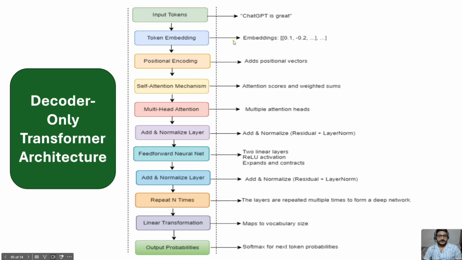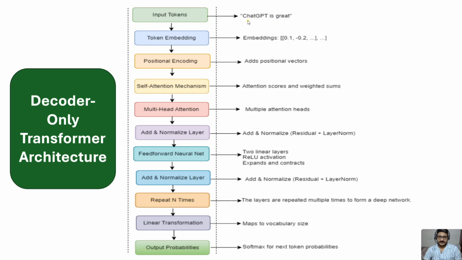The input token, as we know, is simply the input we provide to ChatGPT: "ChatGPT is great." The second is token embedding. Whatever sentence we provide to ChatGPT, it basically tokenizes everything. It could be based on each character or each word. It will start tokenizing those words, because systems or programs do not understand words; they understand tokens.